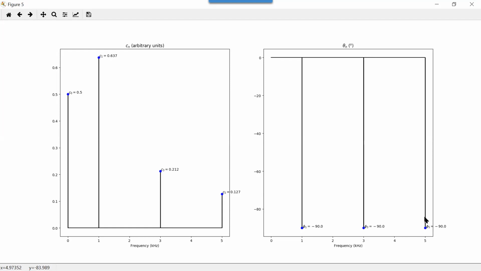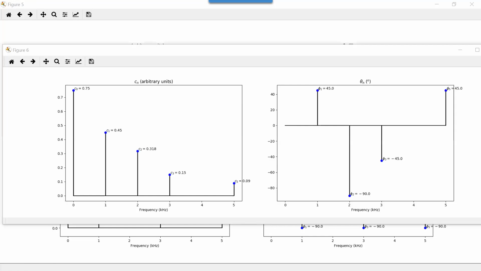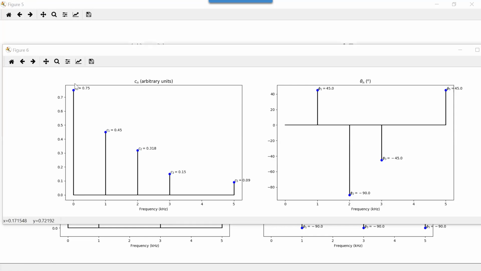All right. So if I do 75% duty cycle, notice the average is now 75%. Yes, these coefficients are less, but I've got more of them. But notice this is at 45, minus 90, minus 45.